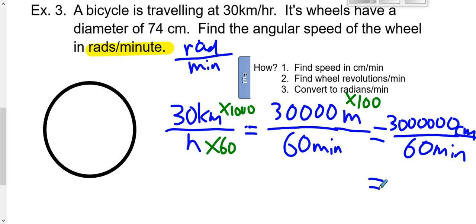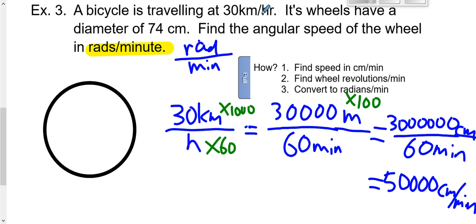So if you take 3 million divided by 60, do that on your calculator. I'm not going to show you. You should end up with 50,000 centimeters per minute. What does that mean? With a speed of 30k an hour, it's the same as the speed of 50,000 centimeters per minute.